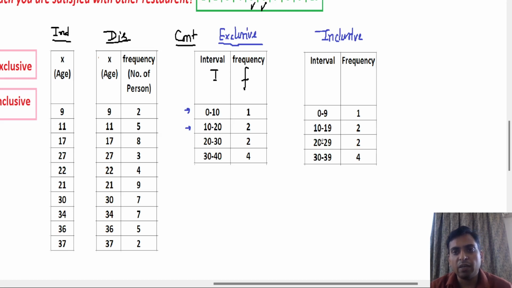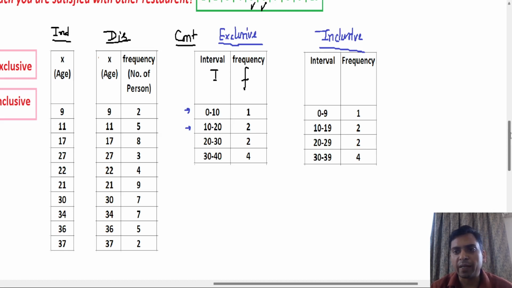In the same way, if the age is 20, you can't write it in this, you will write it in the second one only. If data is 10, you will write 10 in this, and the upper limit 19, so you will write age 19 in this interval. So this is considered as what? Inclusive, because you are including both the ages, lower limit and upper limit.